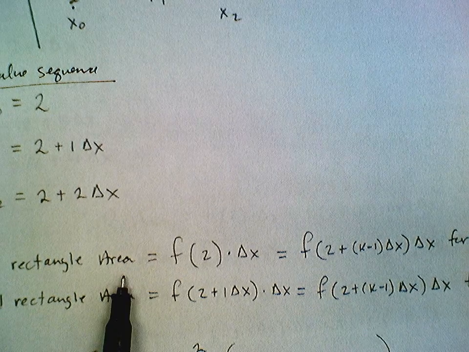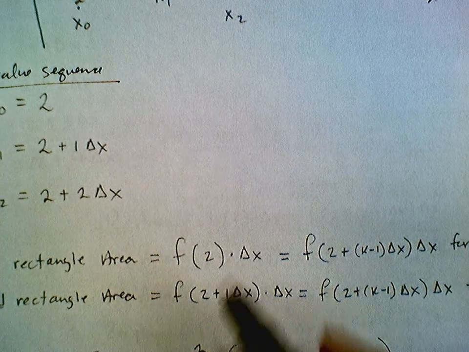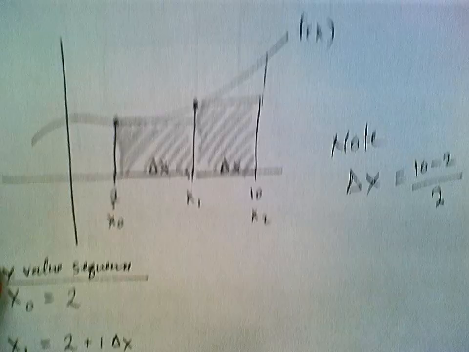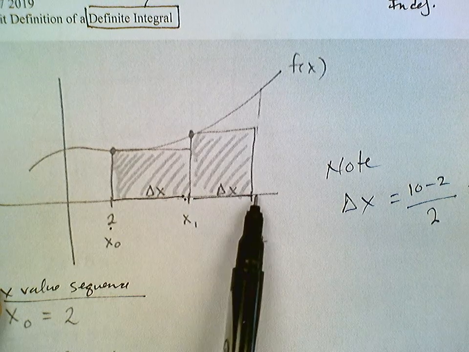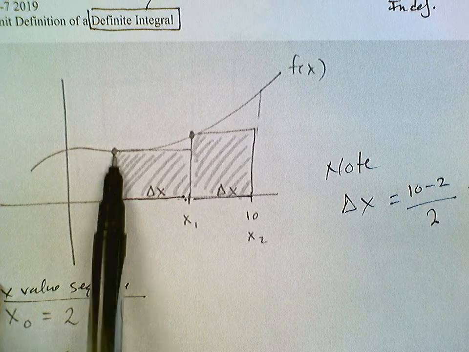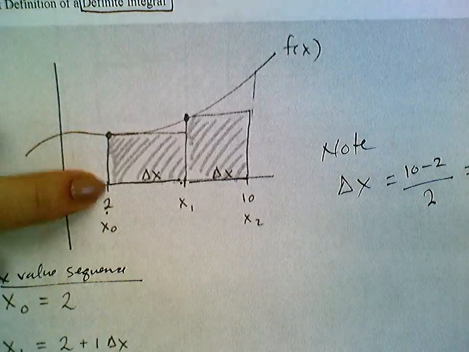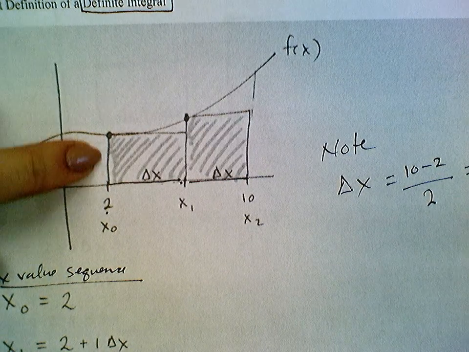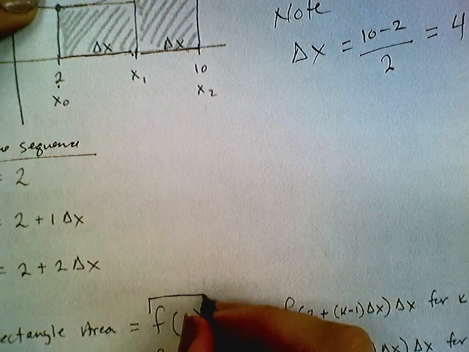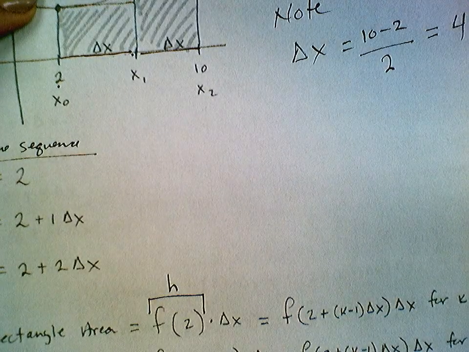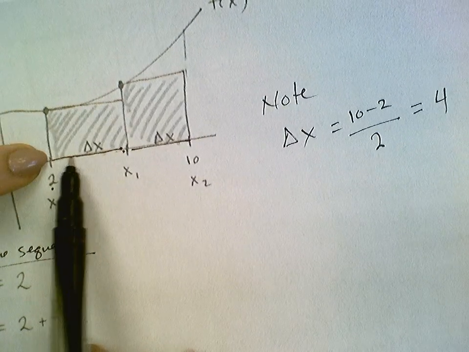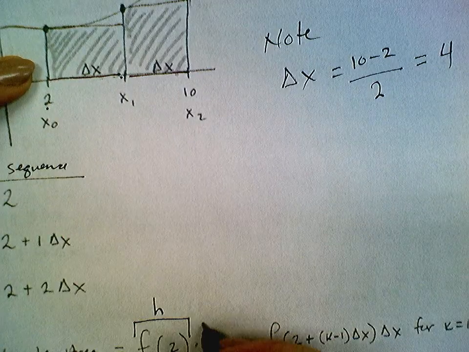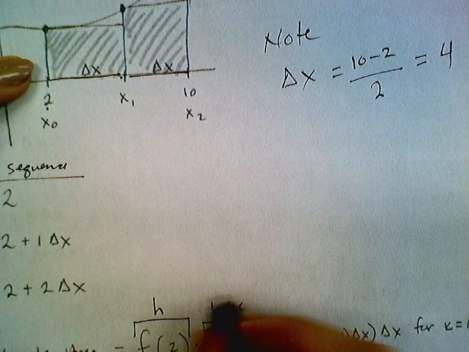Now, the first rectangle's area: the height is f of 2, since we're using the left endpoints for the height. And delta x, for this first rectangle, is the base.